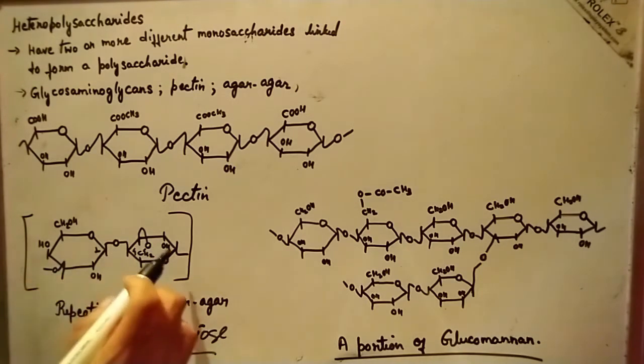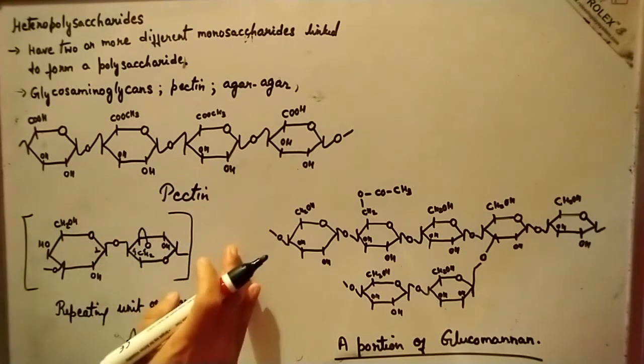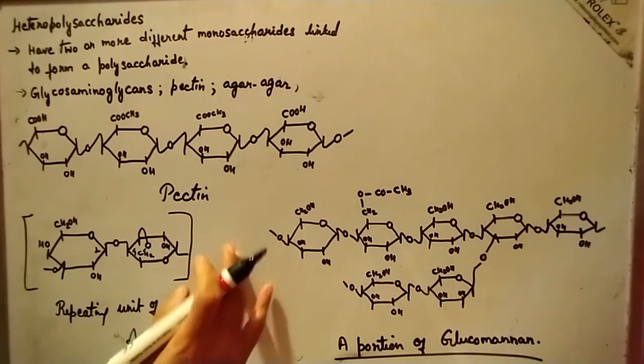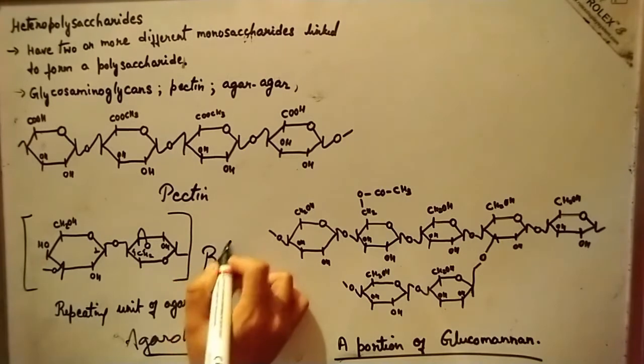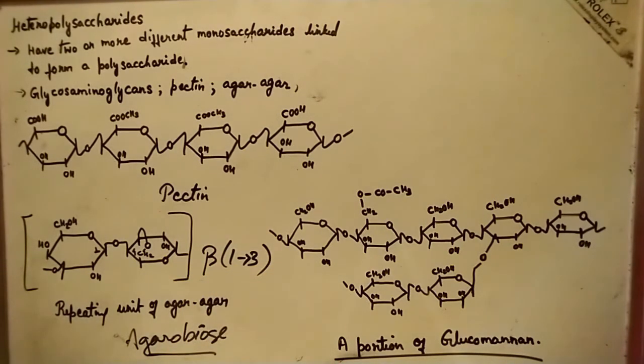And these repeating units are joined with other repeating units through beta 1,3 linkages. Okay, so this is the structure of agar agar.